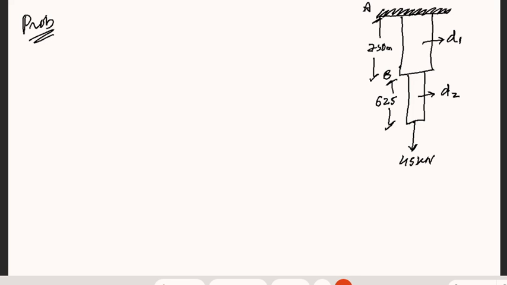The load that is going to come at the bottom, let's say point C, is 45 kilonewton, and the allowable stress for the material is 150 newton per mm square.